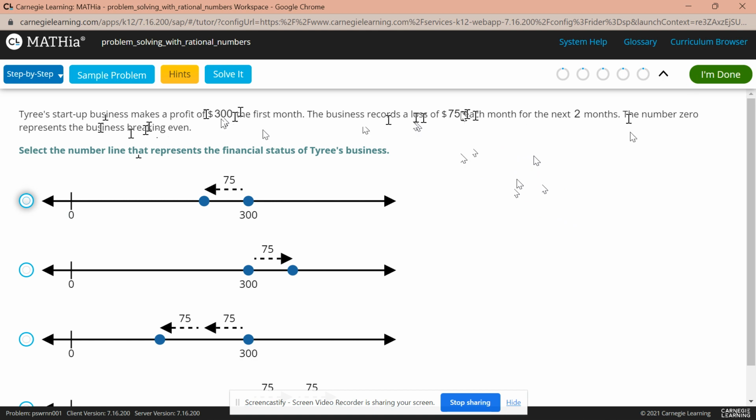That's all the money transactions. Now that's me listing, but what they have done is create number lines. Remember, it says each month for the next 2 months, so not a loss of 75 altogether, but for each month. So I see minus 75 twice. The number 0 represents the business breaking even, meaning they didn't have any losses or any gains. That's what breaking even means.